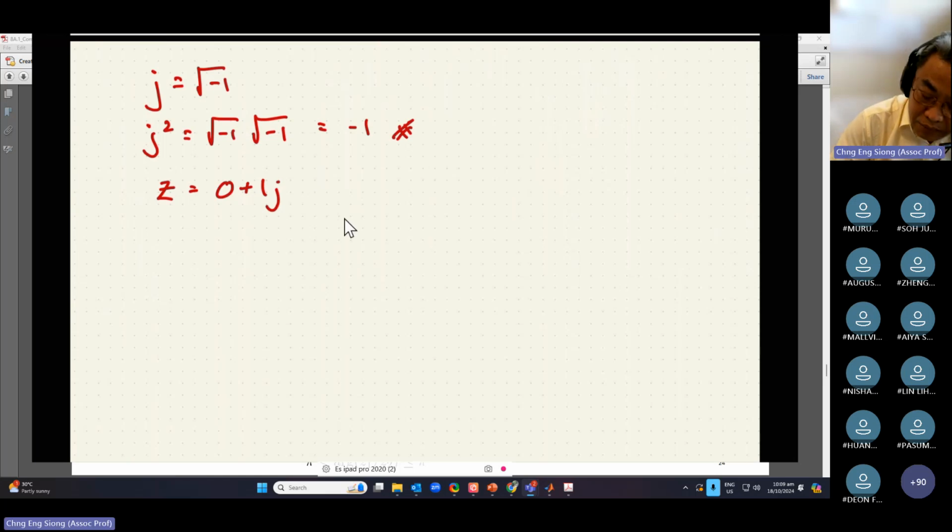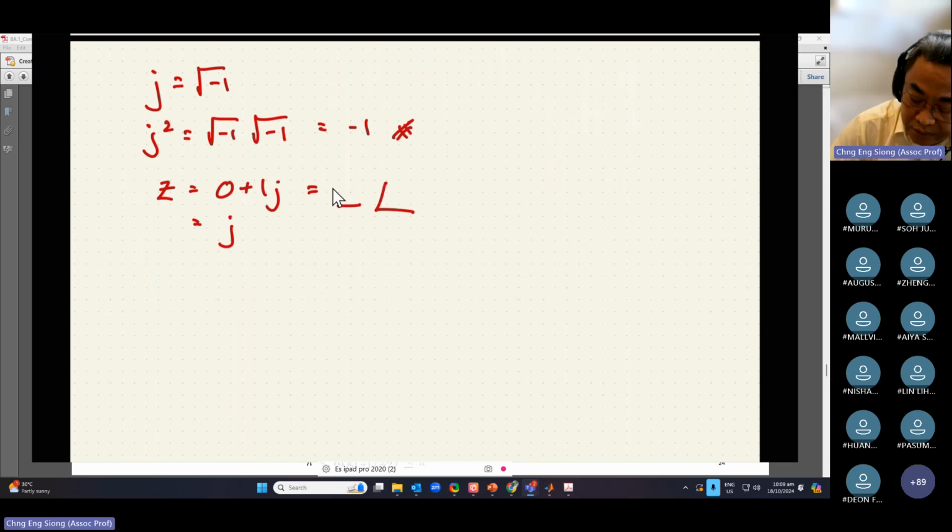In polar form, guys, how would I write Z? This is the rectangular form, right? Z equals j, which is Z equals 0 plus 1j, which equals, what do I write? The modulus, angle, what?